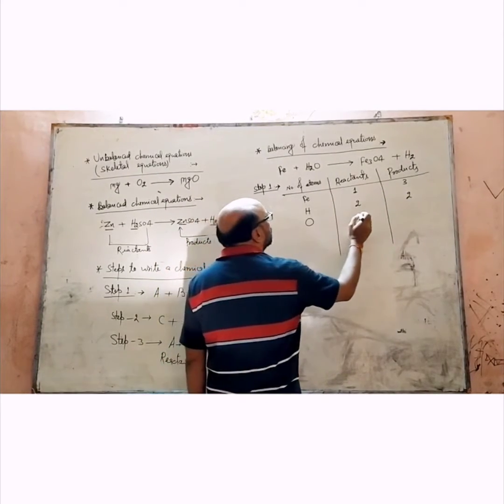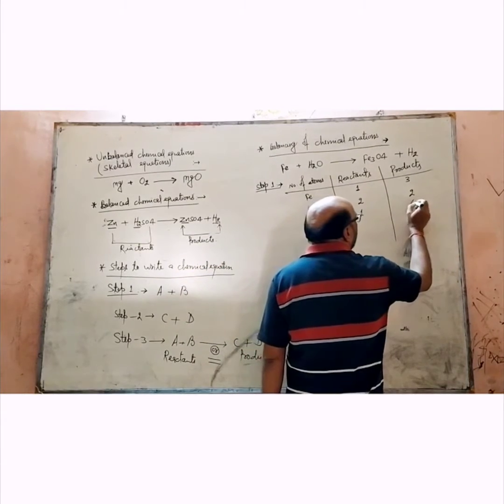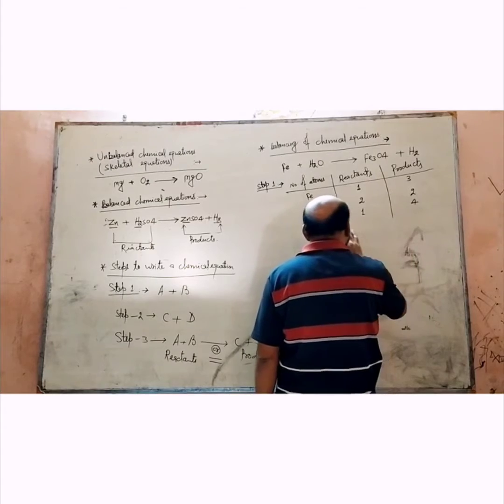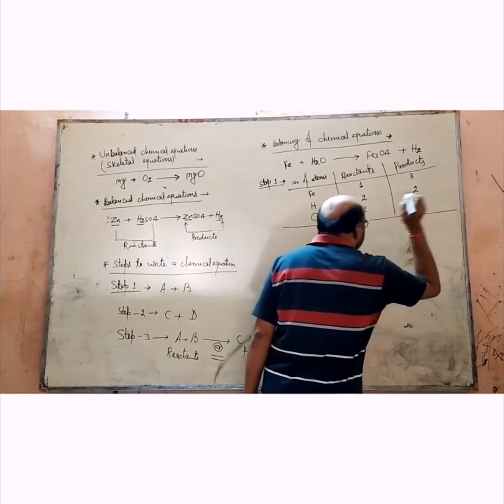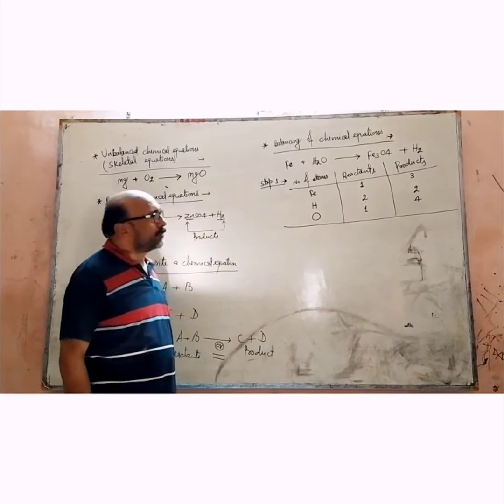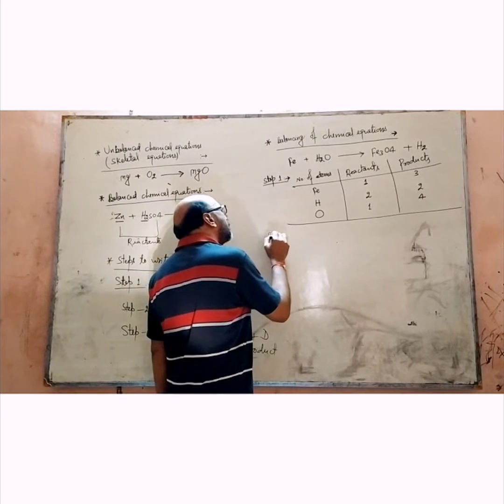The number of oxygen atoms is 1 in the reactant and 4 in the product. This is the first step we take to balance a chemical equation.